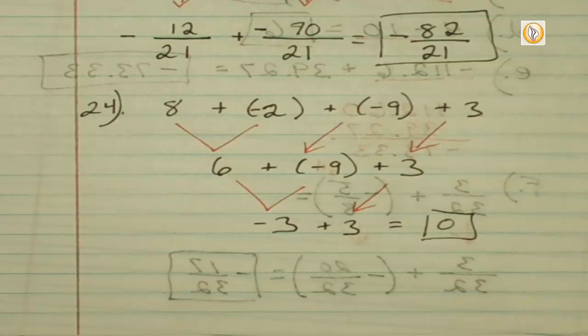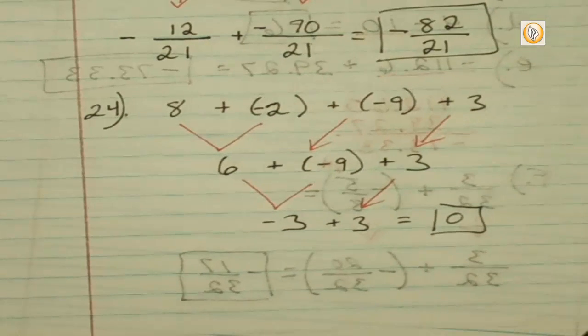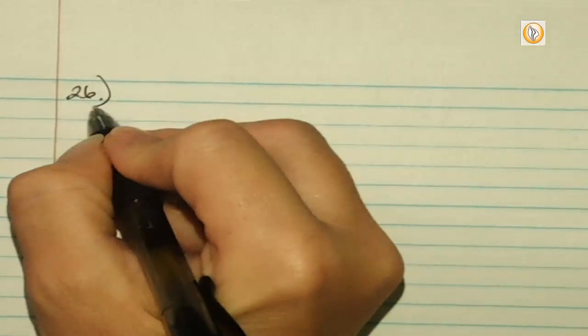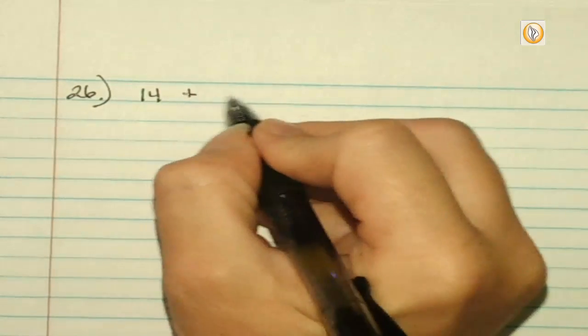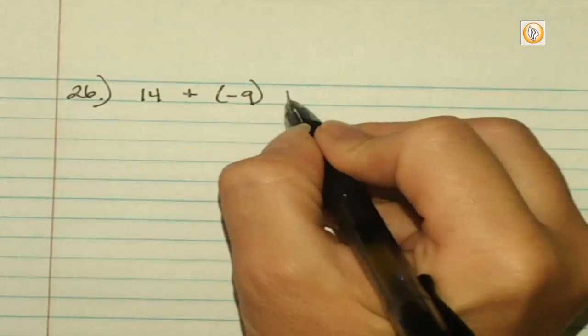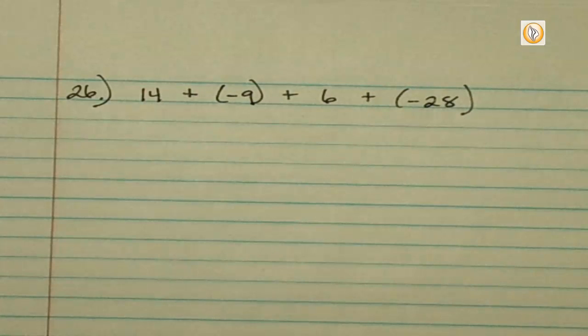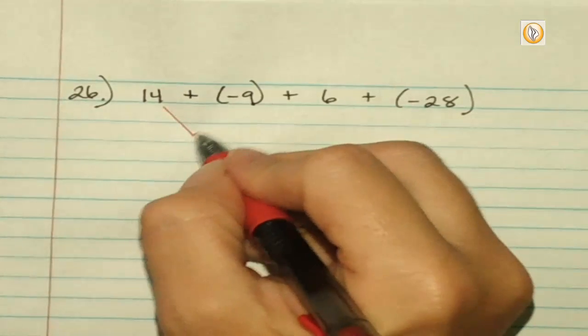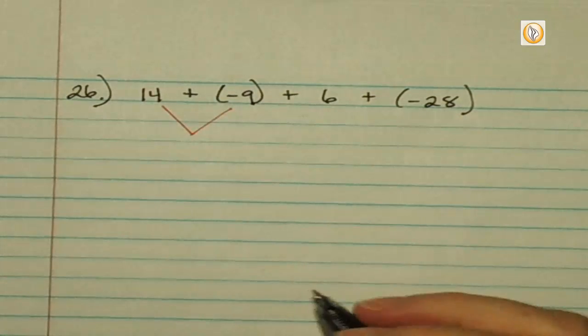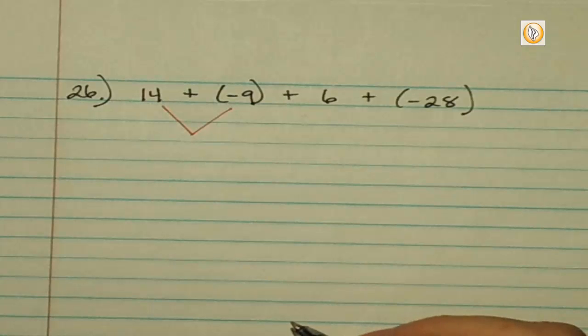Tell me when you're done. Okay. Last one. 26. 14 plus negative 9 plus 6 plus negative 28. Sophia, y'all should be working this out on your own to see if what we get is the same as what you get.